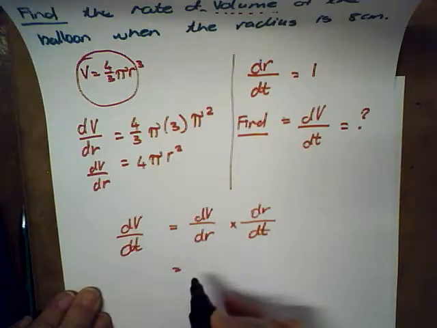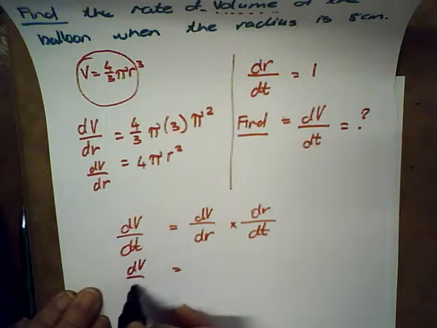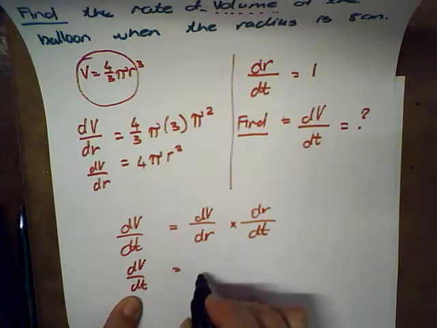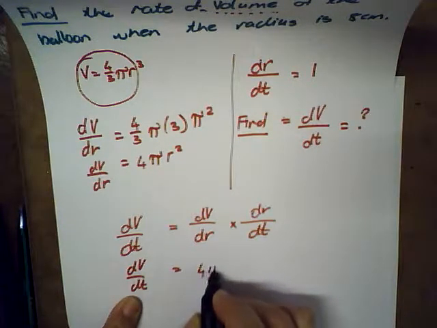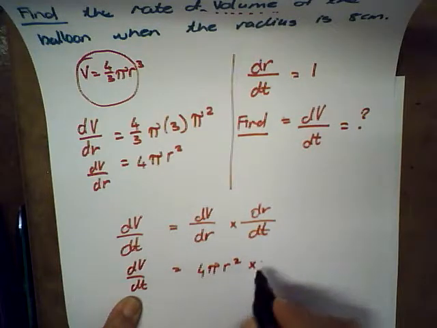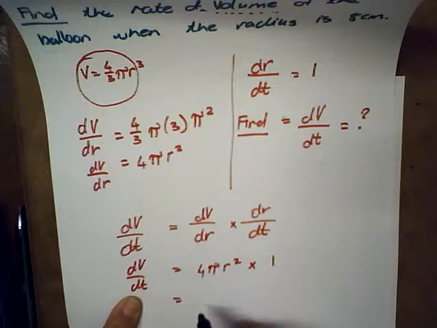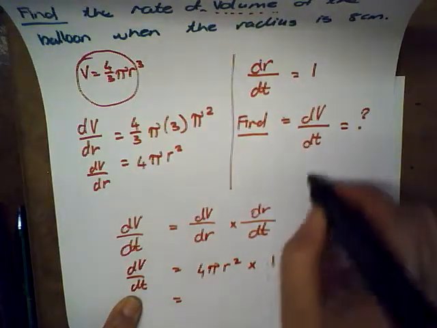Okay, let us substitute those values in. dV/dt is the one I want to find, so I have nothing for it. dV/dr is 4 pi r squared times dr/dt. The dr/dt is 1 when the radius is 8 centimeters.